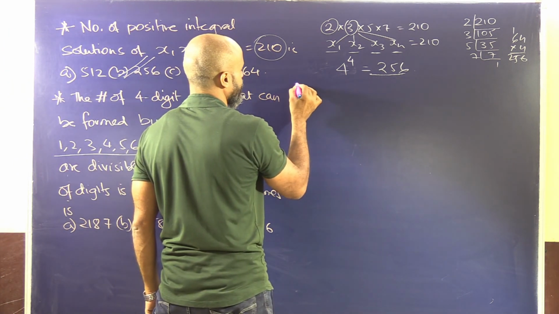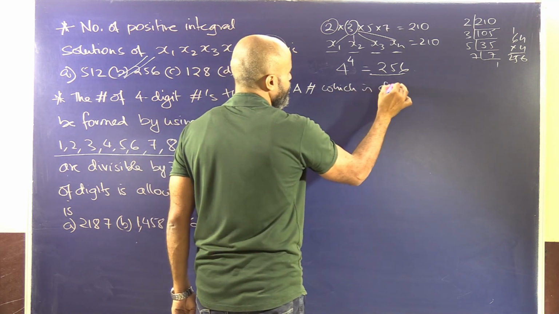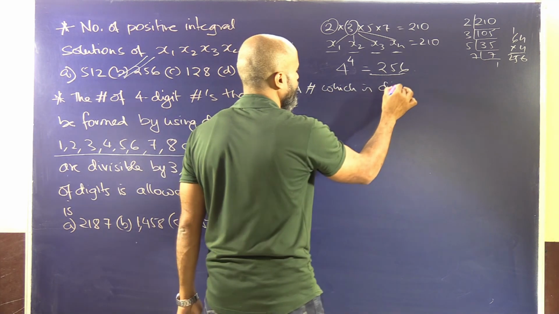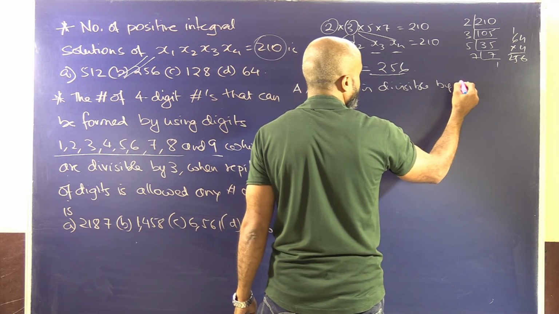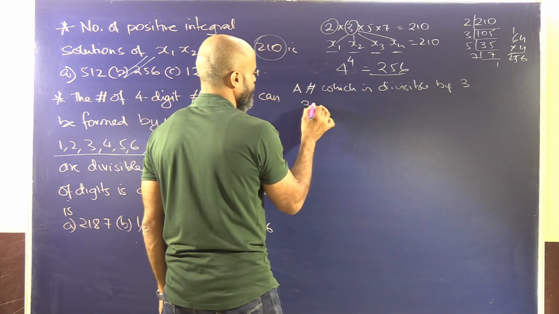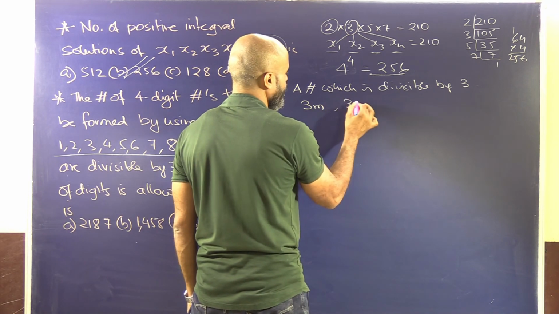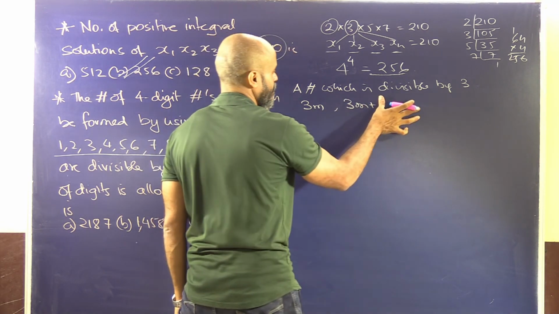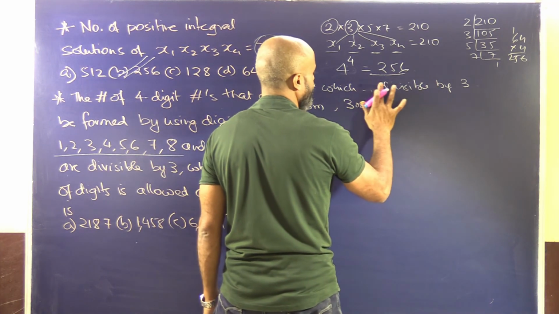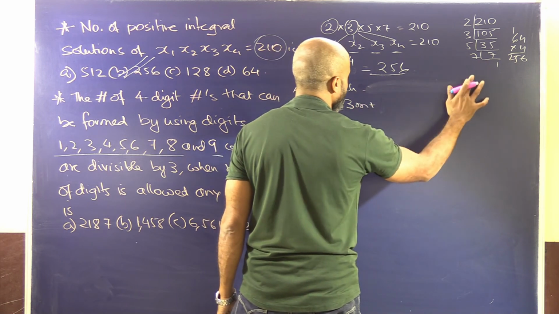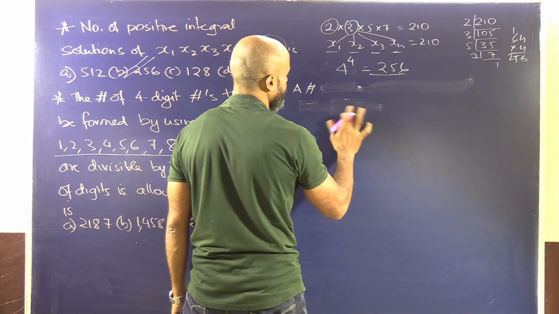See, a number which is divisible by 3, this is something that we have learnt in the 9th and 10th standard, by Euclid's division lemma. Any number can be expressed, let's forget about divisibility by 3 for now.